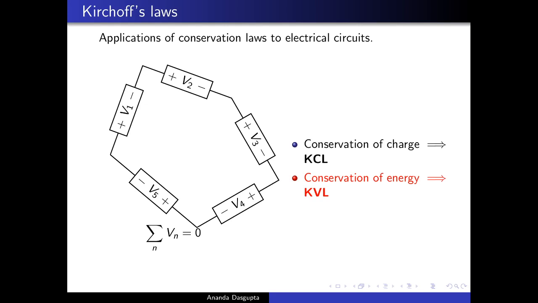In itself it is not, but if that were the case, all I would have to do is take a negative charge along the same path, and I would be able to get free work out of nothing. Or I could take the positive charge and just go the other way, and I would again get free work out of nothing. Since physics prevents you from having free work out of nothing, the net potential change when you come back to your original point has to be 0.